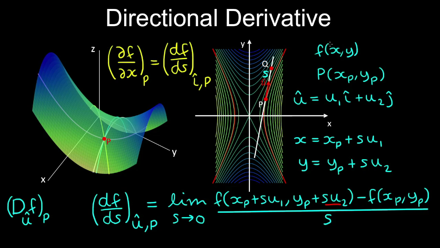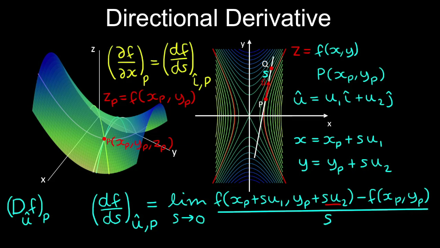So this function represents a surface in space. So the function evaluated at point P will evaluate to the z coordinate of a point on this surface. So this point has coordinates xp, yp, and zp.